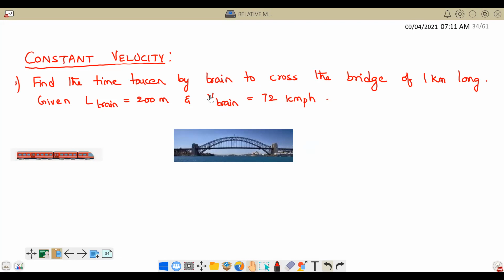Suppose there are two more bodies with velocities given, those velocities should be treated as constants. They may not mention that it is a constant velocity, but we should understand that this problem comes under the constant velocity model, because there is no acceleration mentioned. If they don't mention anything about acceleration, then that problem is based on constant velocity, and whatever velocities are given are constant, even if they don't mention it. That is what you have to clearly know.